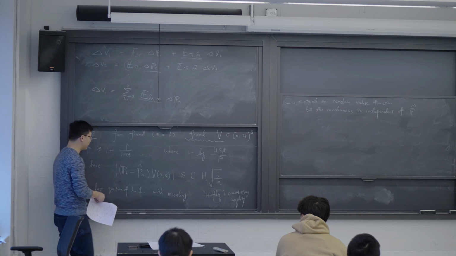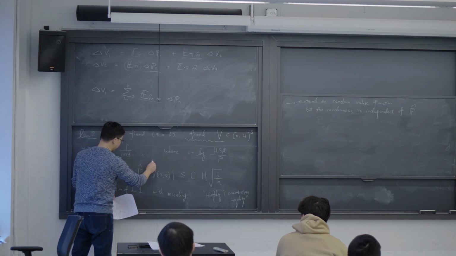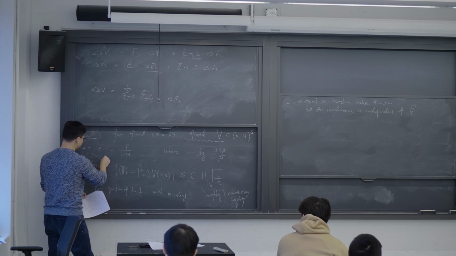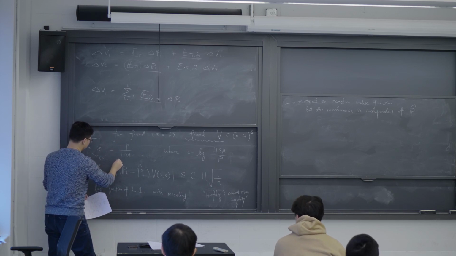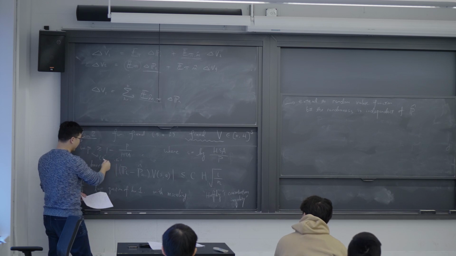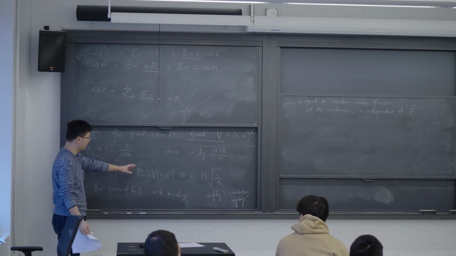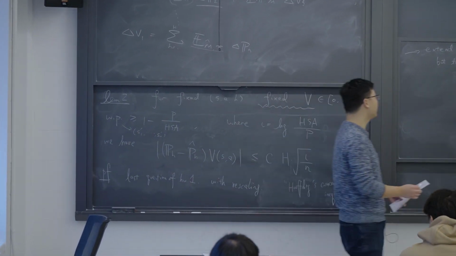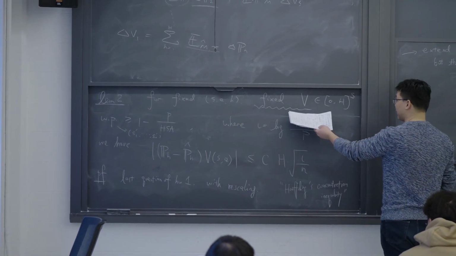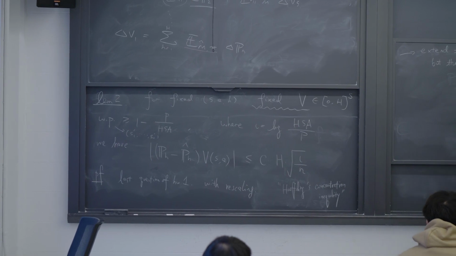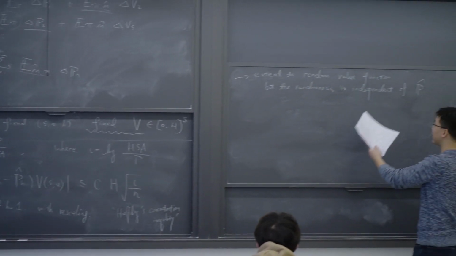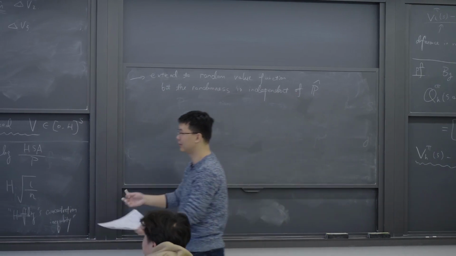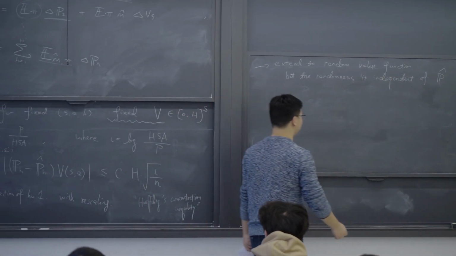So this is a probability over the samples we collected, S1 prime through Sn prime. Those samples will form the p hat. Those are the only random things. And this does not only work for a fixed value function, but also for a random value function, as long as this randomness is independent of p hat, or independent of S1 prime to Sn prime.